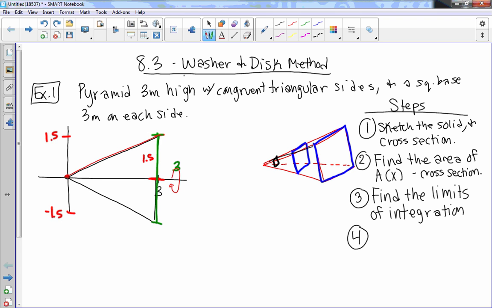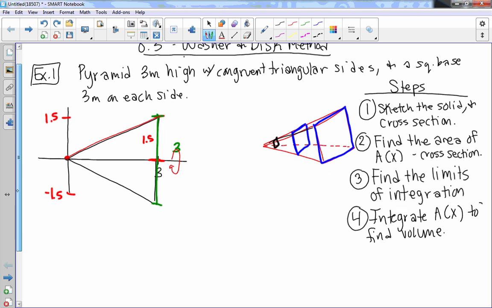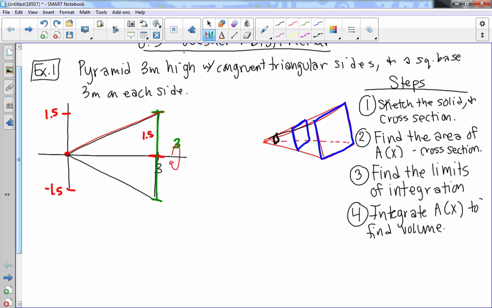Okay, so step 4 is integrate A of X to find volume. Okay, so on this one, it's being rotated around the x-axis.